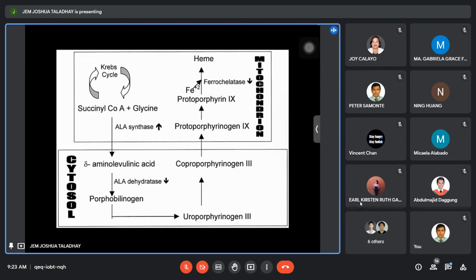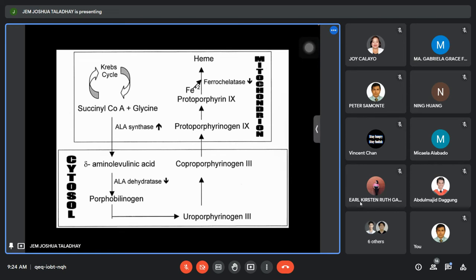So porphobilinogen is acted upon by a porphobilinogen deaminase to catalyze and form a linear tetrapyrrole. And this tetrapyrrole will be cyclized to form the uroporphyrinogen 3. So this uroporphyrinogen 3 is what we call the precursor of hemes, chlorophylls, and vitamin B12.